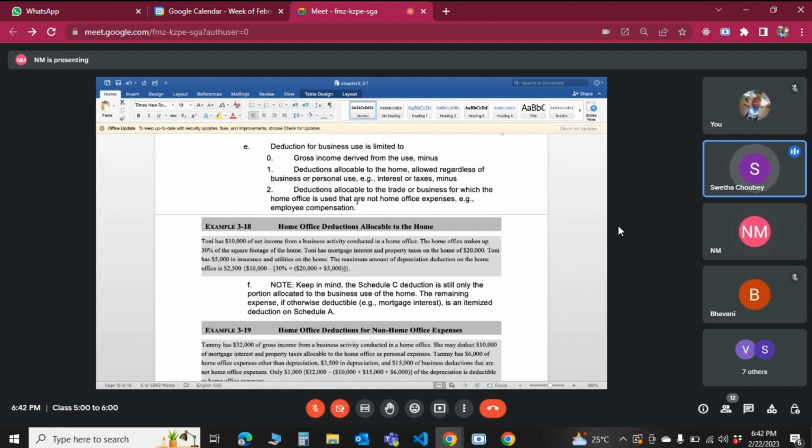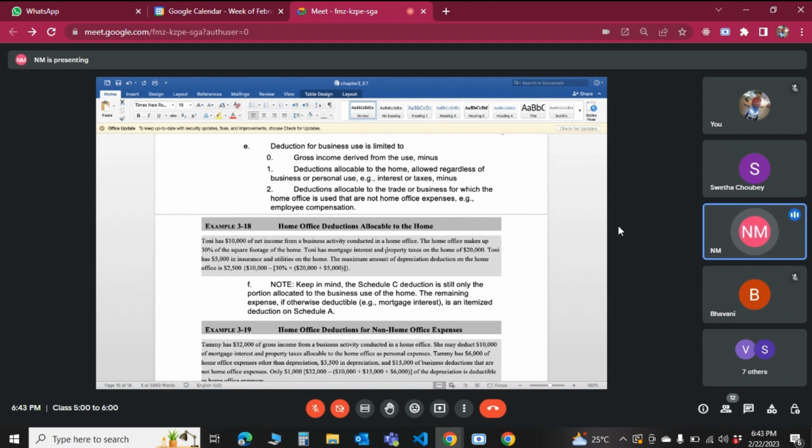10,000 minus 30% of... Okay, so 30% he is utilizing for office purposes. So whatever expenses he is incurring, that is taxes and also insurance, 30% of that can be claimed as an expense. So his net income from business will be 10,000 minus 30% of the expenses, that is 2,500.